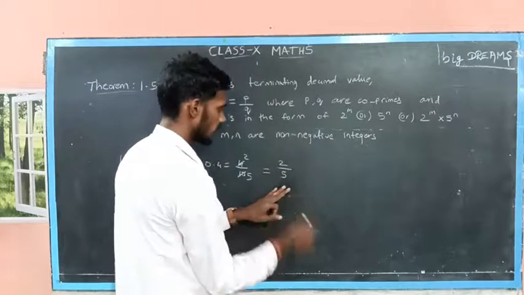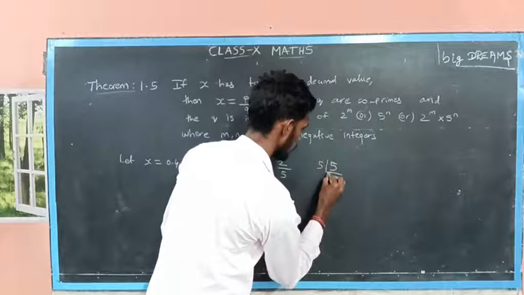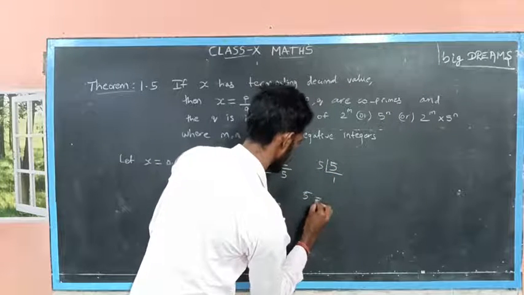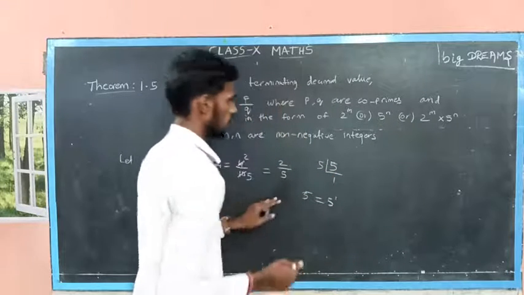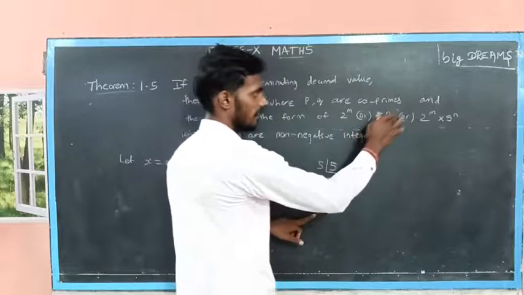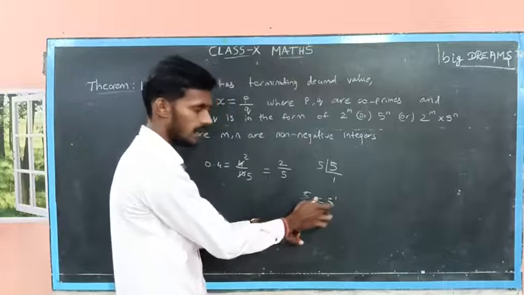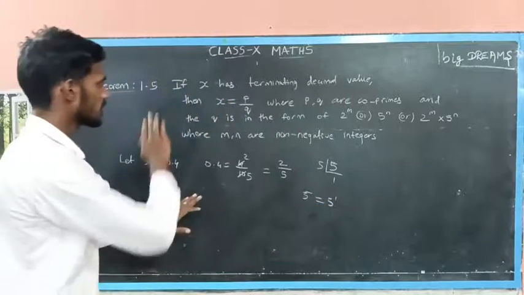Then q is in the form, that is 5. Here 5 can be written as 5 power 1. So it satisfies this condition, right? So it is in the form 5 power n, where n is a non-negative integer. Here n is 1, so it is a non-negative integer. So this is the theorem.